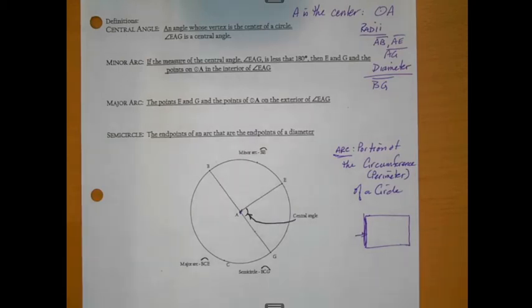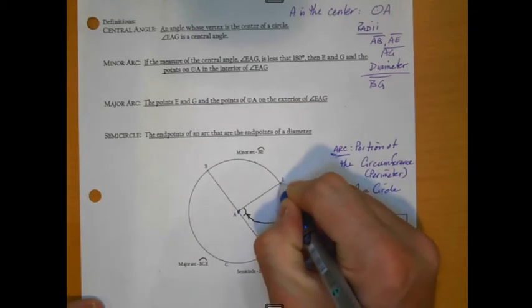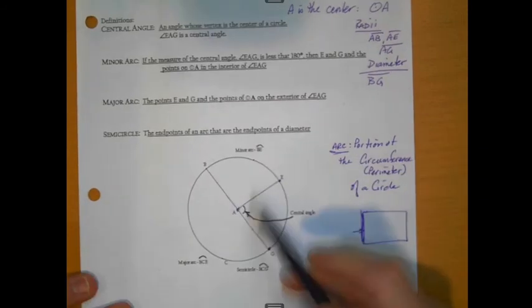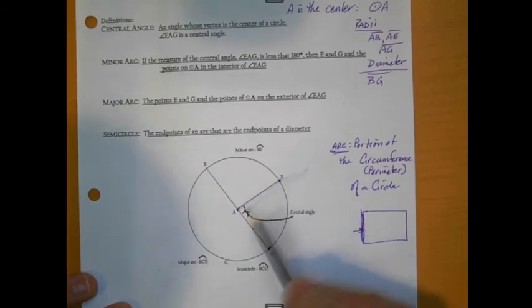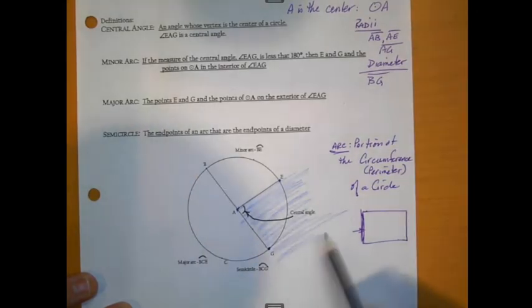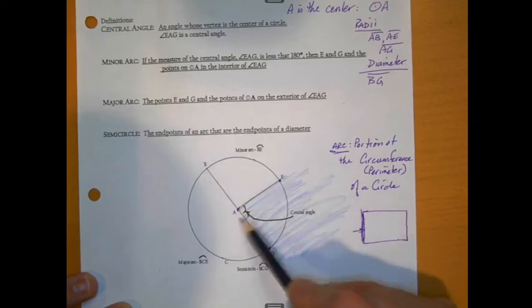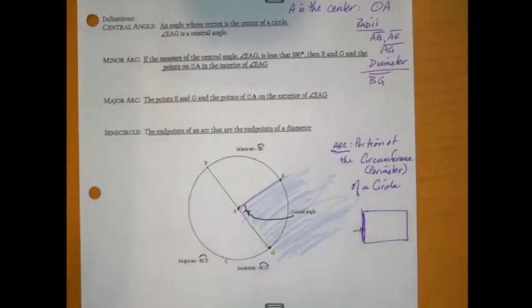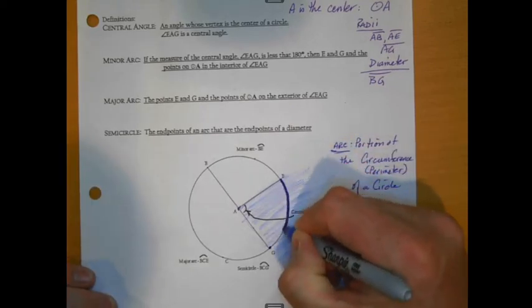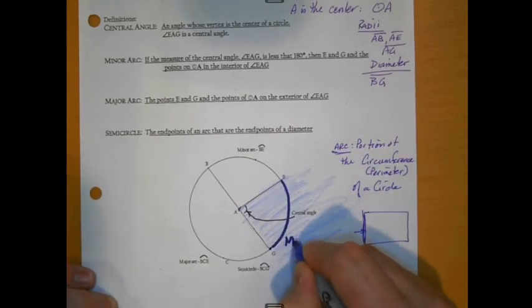What that is saying is that if you have E and G as points on the circle, the interior of the angle is anything between those sides, anything out here. Wherever that hits the circle, anywhere that color hits the circle, this is your minor arc.